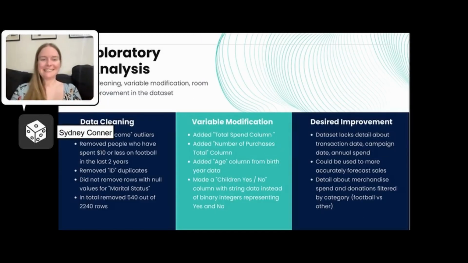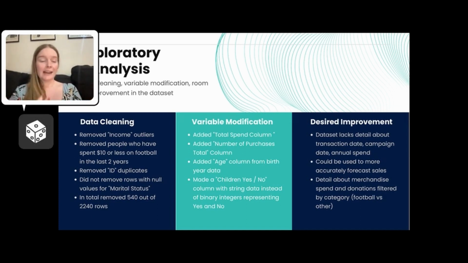Now the fun part, data. To create this data set, it needed a lot of data cleaning. I first removed the income outliers because there were a lot. I also removed people who have spent less than $10 on football. This data set had multiple different sports, and I wanted to really target those football fans rather than baseball.